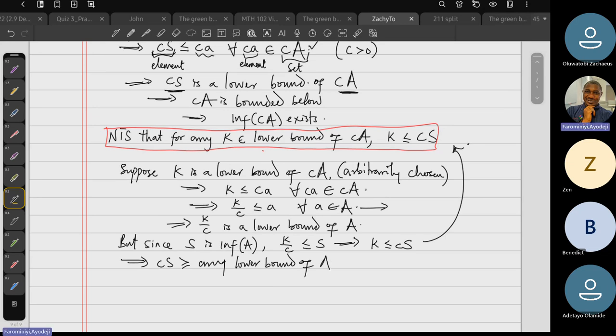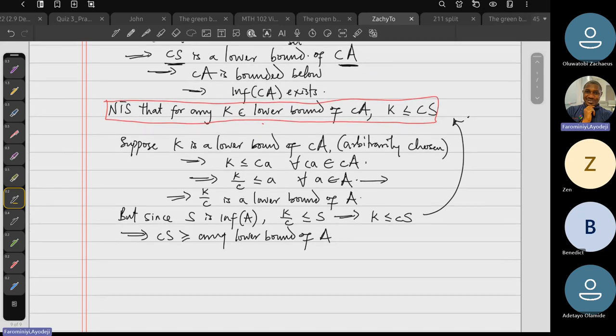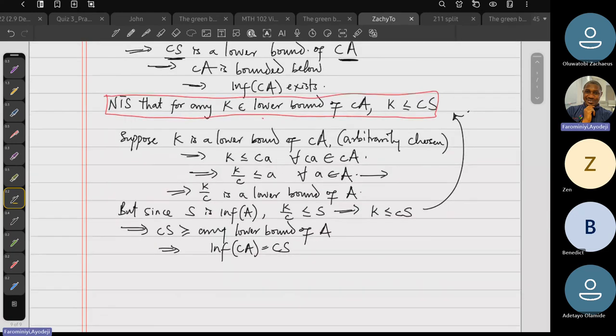So it is the greatest lower bound, which implies that the infimum of CA is CS. What is S? S is the infimum of A. I'm done.